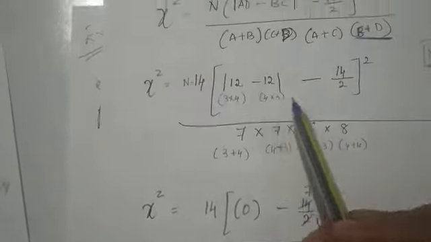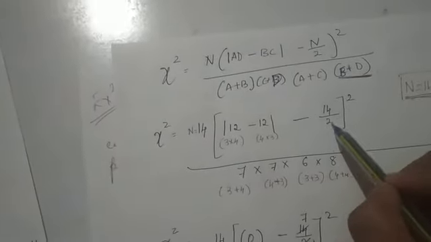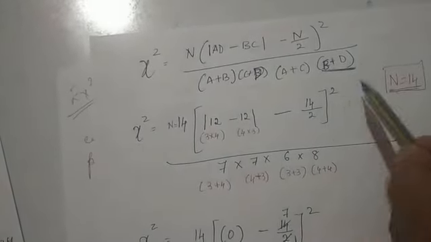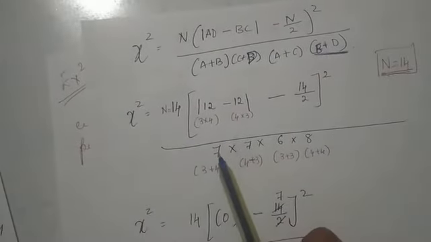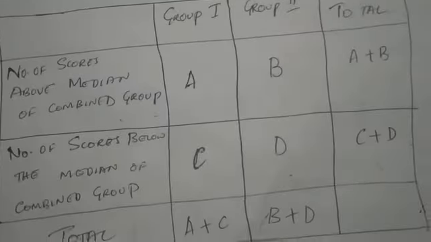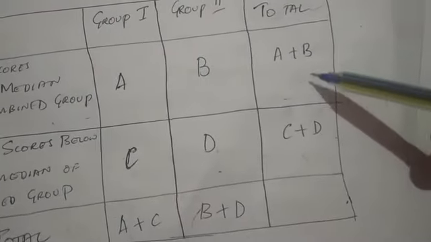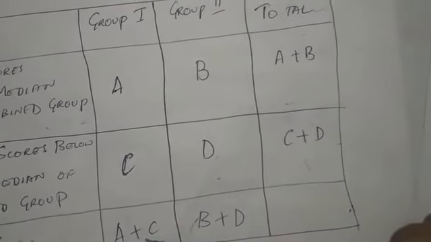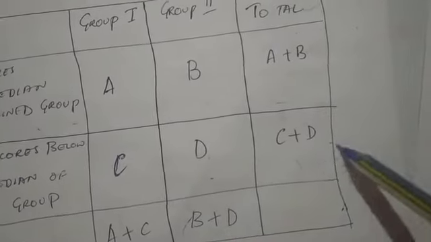So 12 minus 12 minus 14 by 2, n is 14, by 2, whole square, divided by 7 into 7 into 6 into 8. This 7 into 7 into 6 into 8 is A plus B, A plus C, B plus D, C plus D.